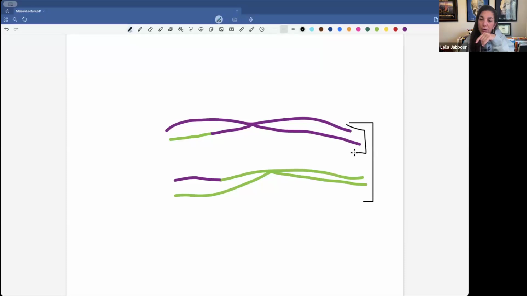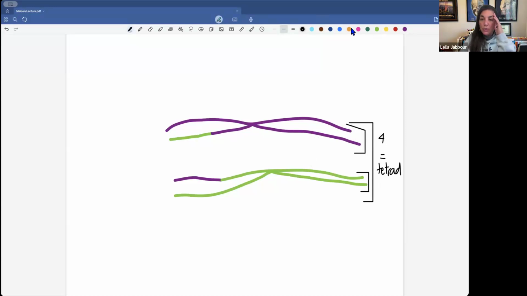These are sister chromatids, right? We also call these four sister chromatids a tetrad because there are four molecules here. So this is a tetrad, but these two are identical to each other, and these two are identical to each other. We can't say that these two are identical to each other. They're not. All right, so we swapped pieces, parts.